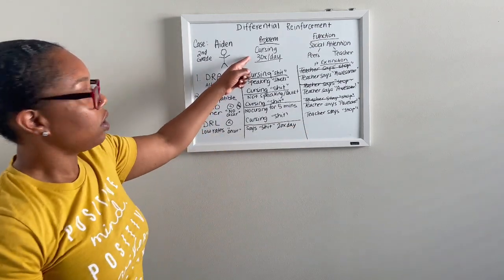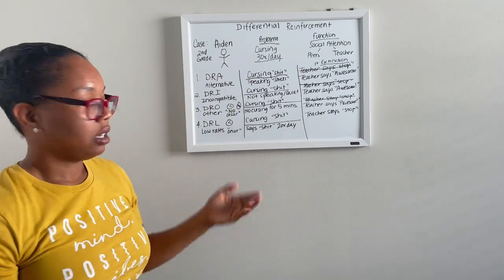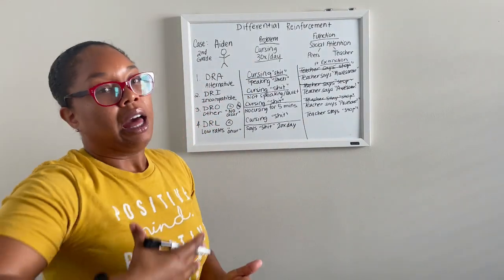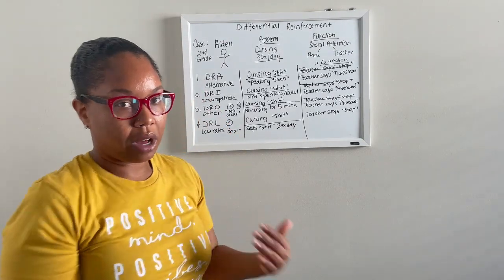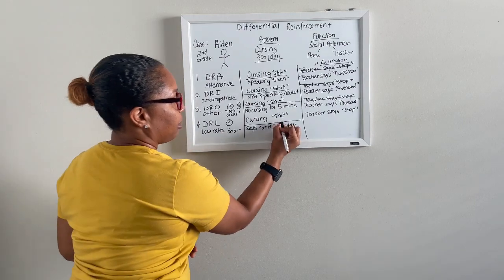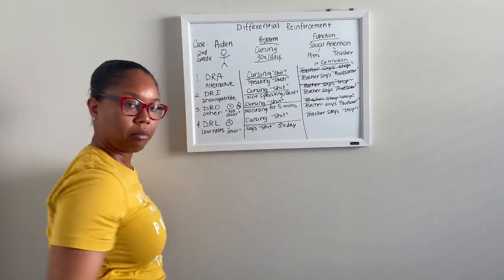So it's still at a lower rate than what he typically does. And let's say he starts off at 20 times a day in the beginning. And then as he continues to do well with the intervention, we lower that number. And let's say eventually we're like, hey man, you can only say shit 5 times a day.